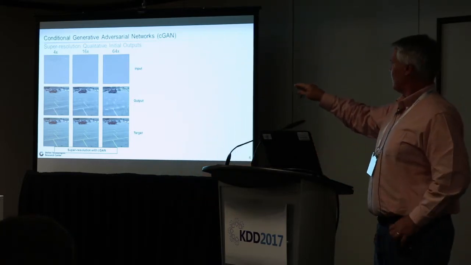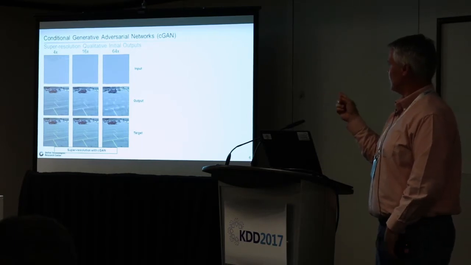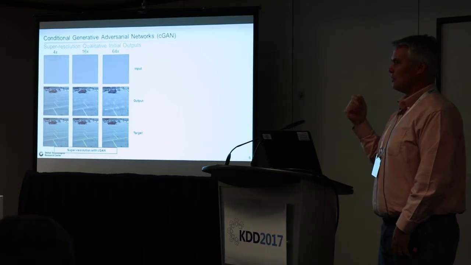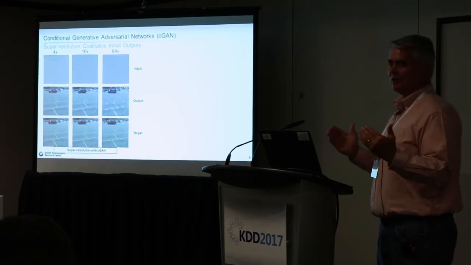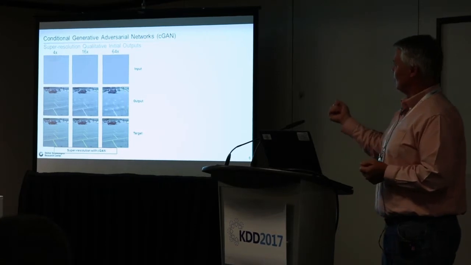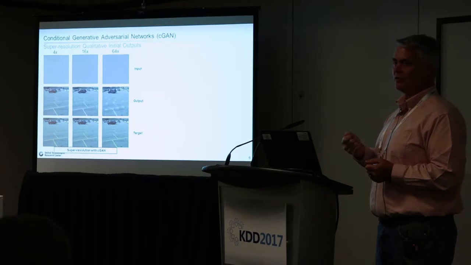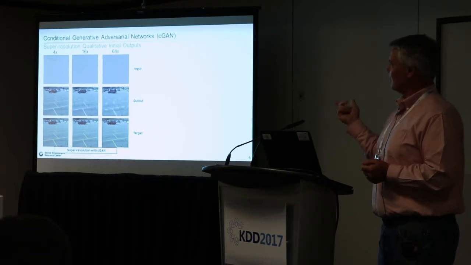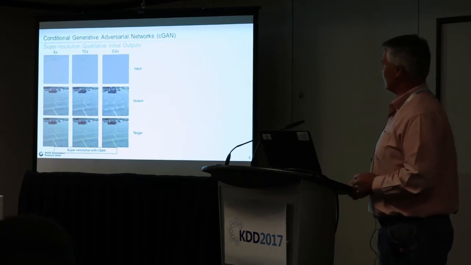You can kind of see the reconstruction. One of the things that you notice is the colors start to move towards gray as you get lower and lower resolution. We've seen this in other methods that have been used for super resolution, and there are actually ways of addressing that to a certain degree.